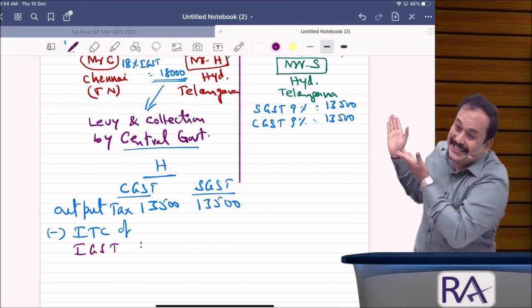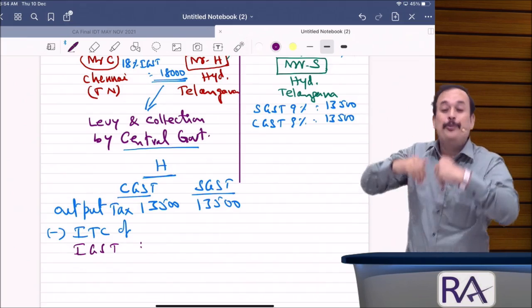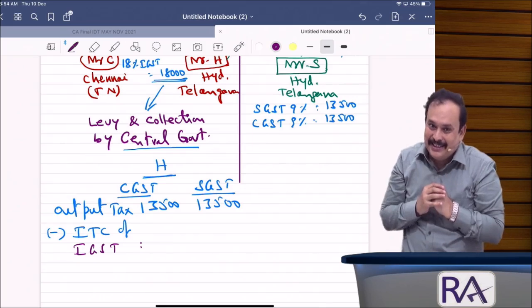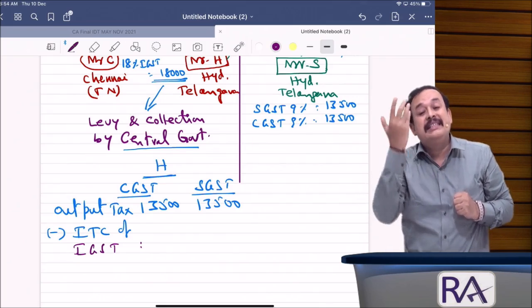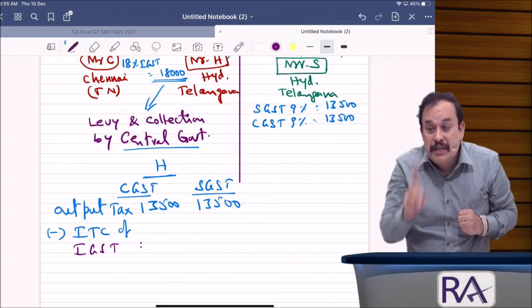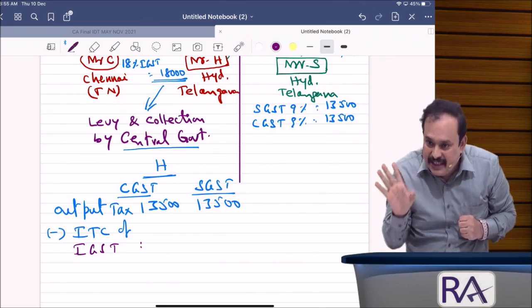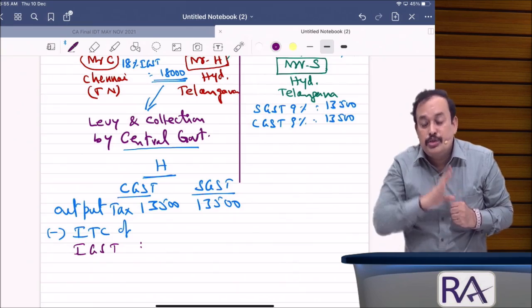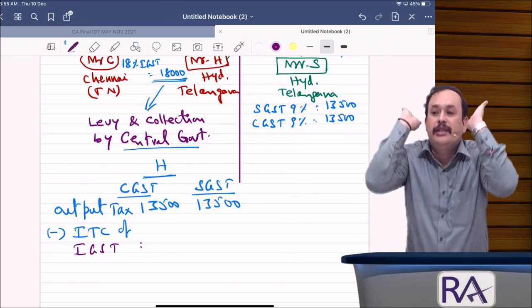Repeating, IGST credit undoubtedly should first be set off against IGST only. But here there is no IGST output tax liability. Only input tax credit is there. Output tax liability of CGST, SGST is there. If CGST, SGST liability is there to pay off, to set off your credit, first IGST credit only, that is the priority.